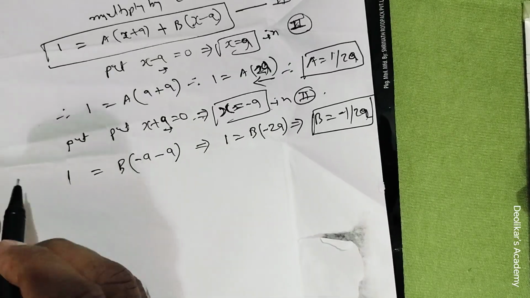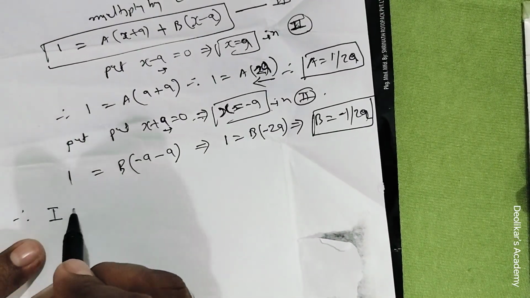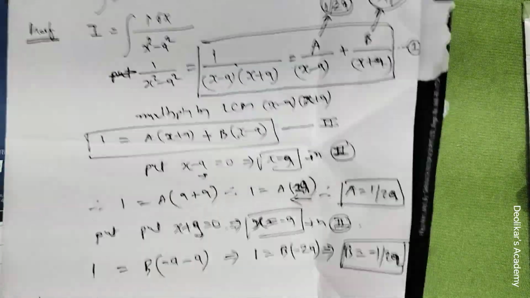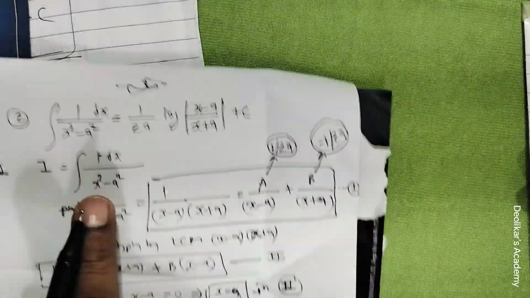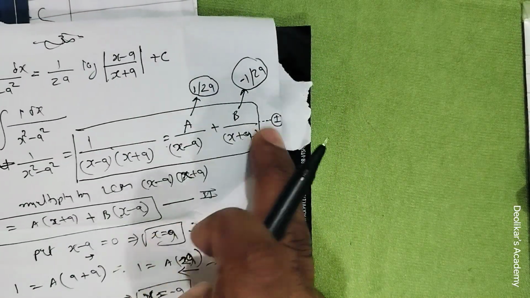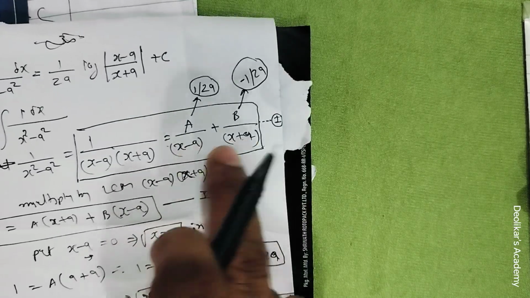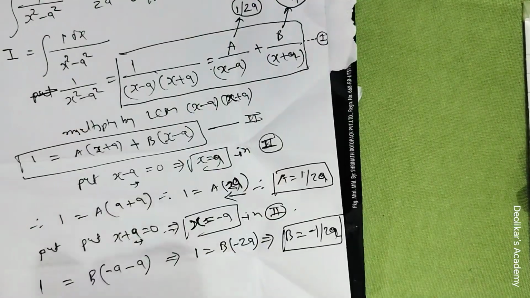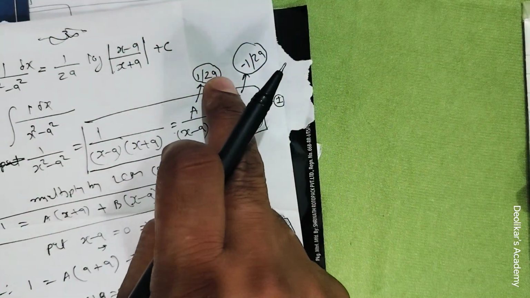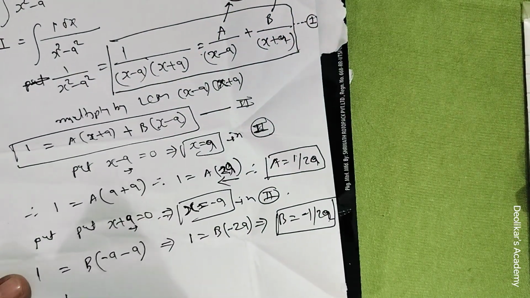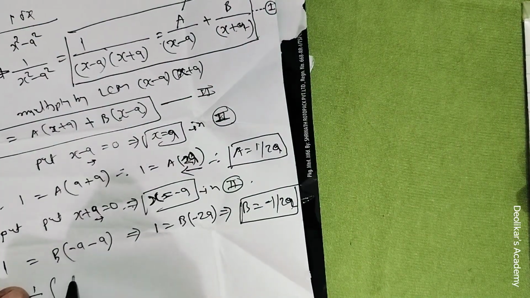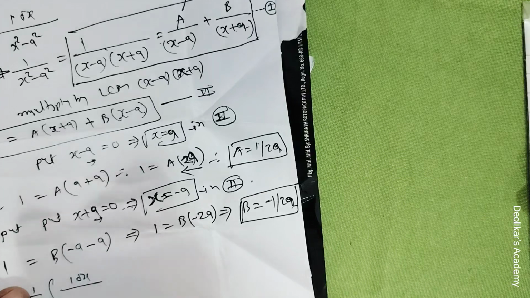Now therefore our I, we are representing by I, becomes the integration of this, means the integration of the separate terms, separate functions. Now see, 1 by 2a is here, so take 1 by 2a outside, integration of 1 dx upon x minus a.